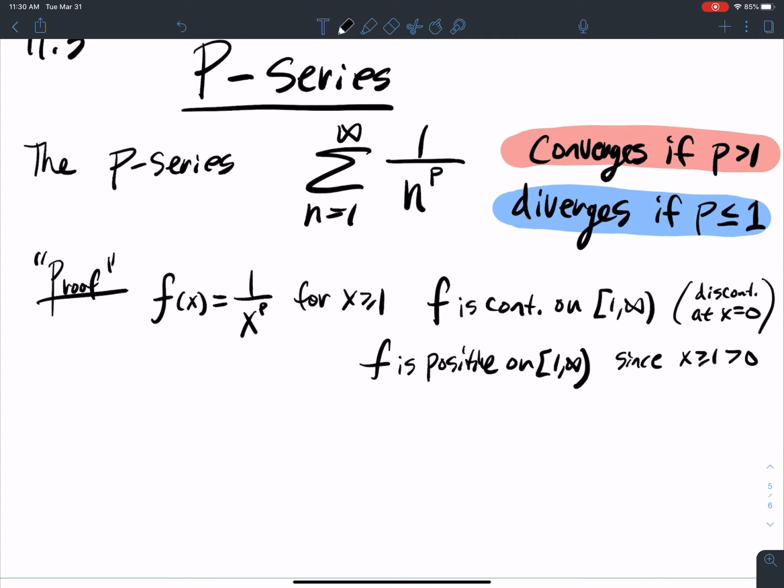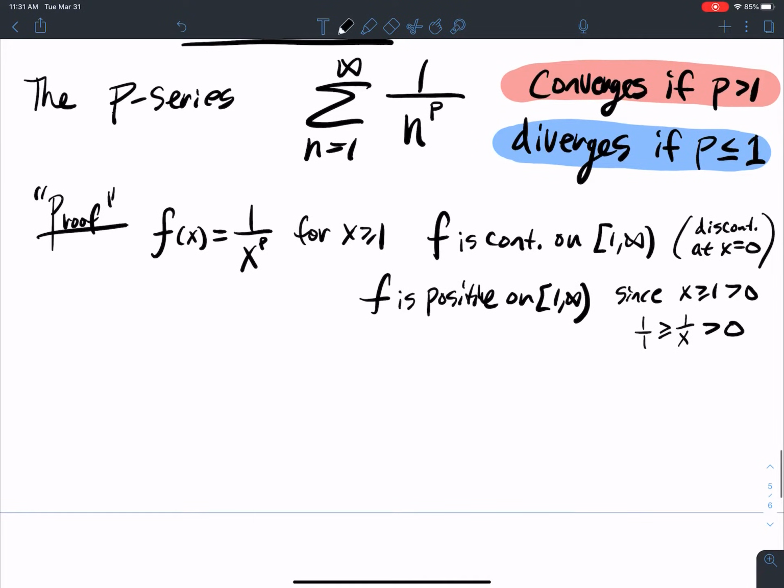That means 1 over x, okay, is less than or equal to 1 over 1, which those are all positive, okay? What trick did I just use here?